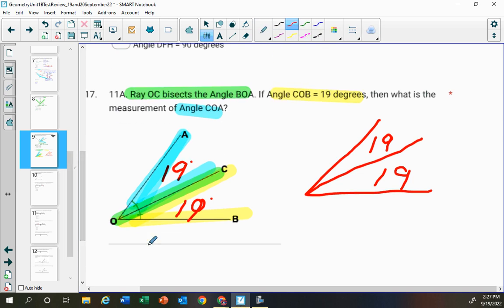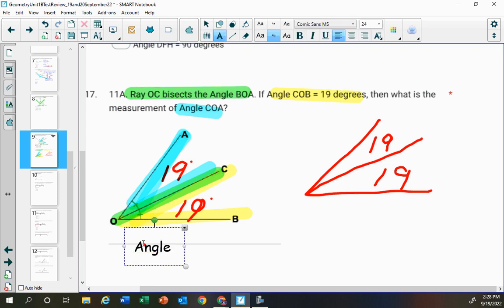So angle COA is 19 degrees. But again, location is going to be the key. Now, what I'm going to ask next, you need to be real careful.